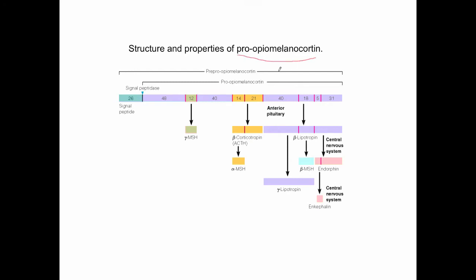So this is interesting because there's one gene that codes for this sequence, and the longest version of the sequence is called pre-pro-opiomelanocortin.